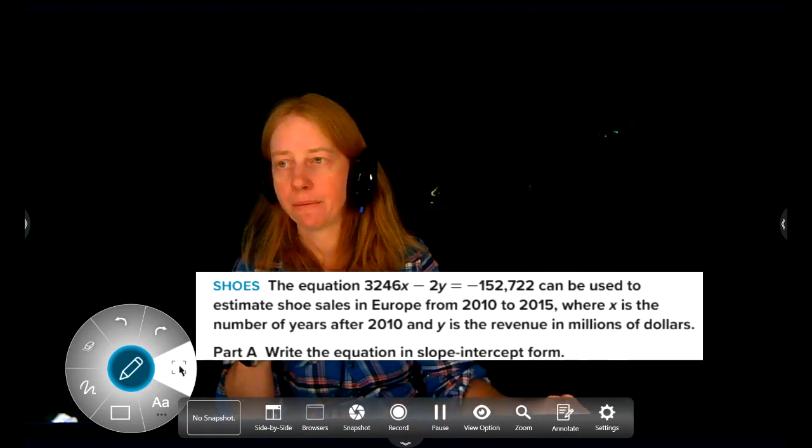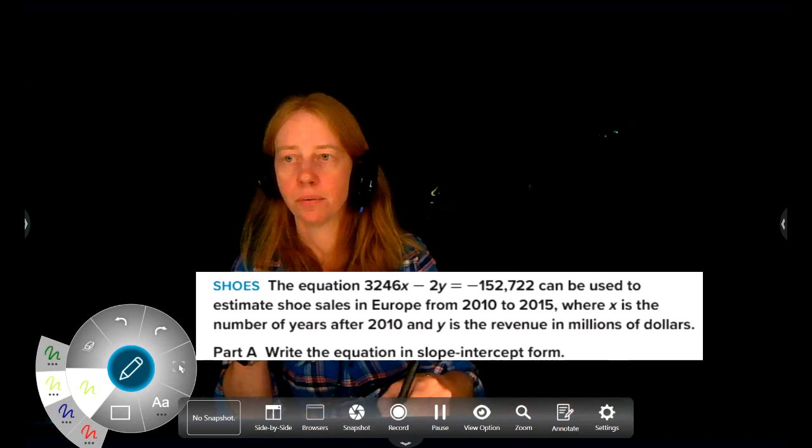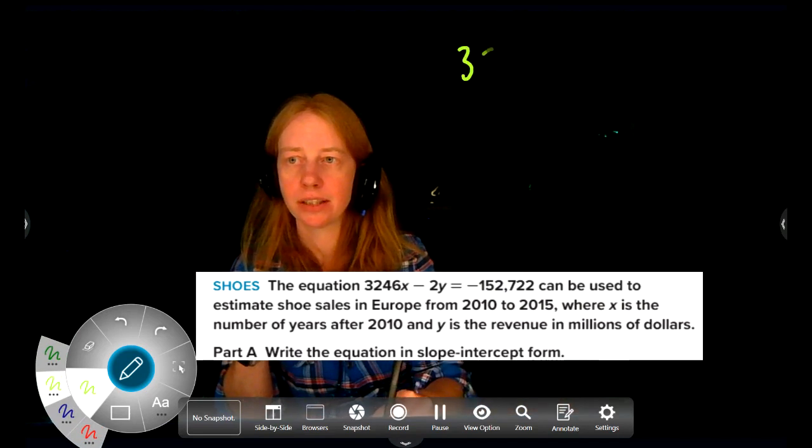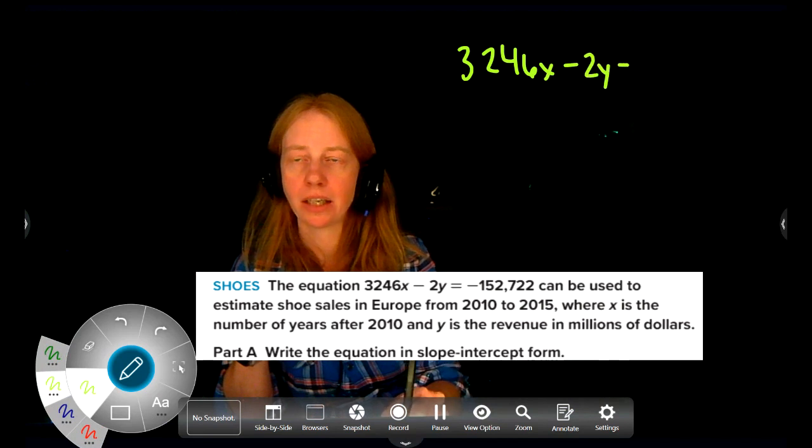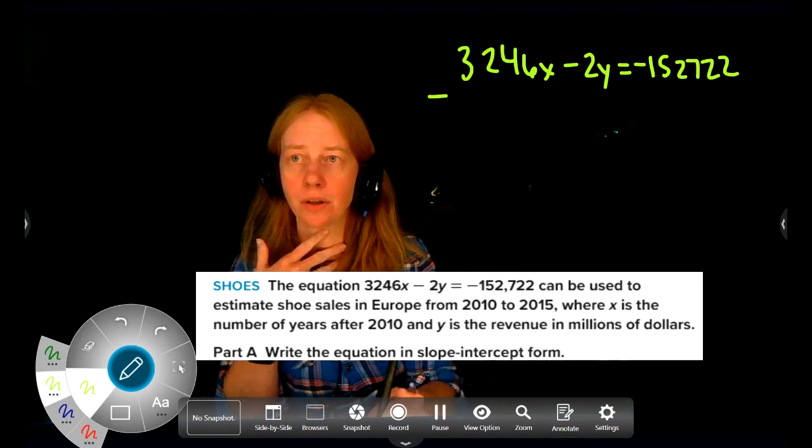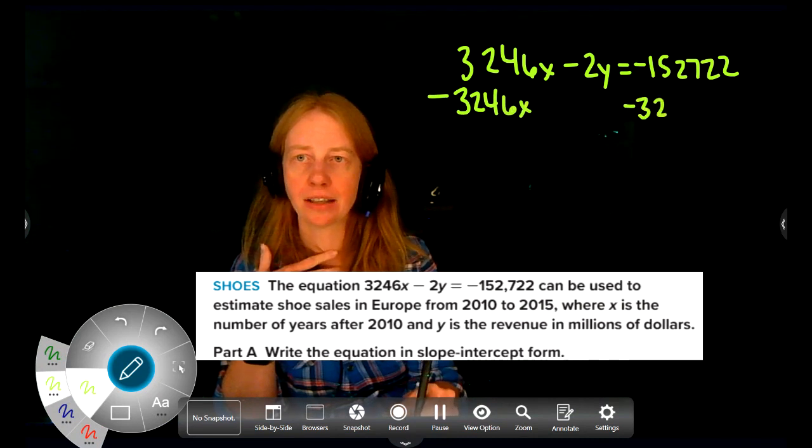Okay, so here we go. I have 3,246x minus 2y equals negative 152,722. Okay, big numbers here. I'm going to subtract 3,246x on both sides because we want that x that has the slope to be on the same side as my number and the opposite side of my y.